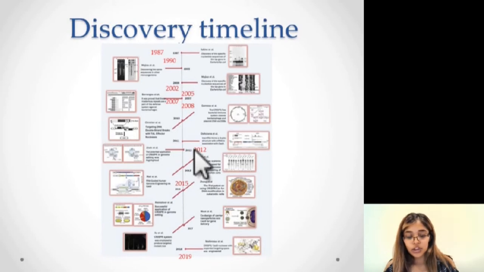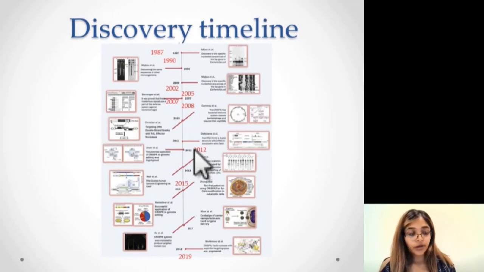And then in 2015, there was a huge ethical concern because it was reported that there were some genes being edited in human embryos. So this caused a huge problem in the science world.